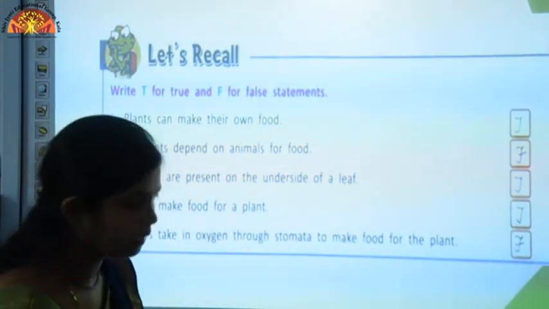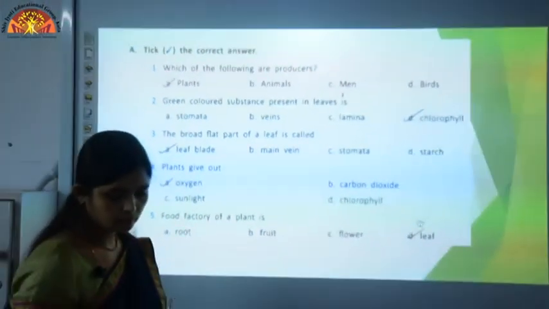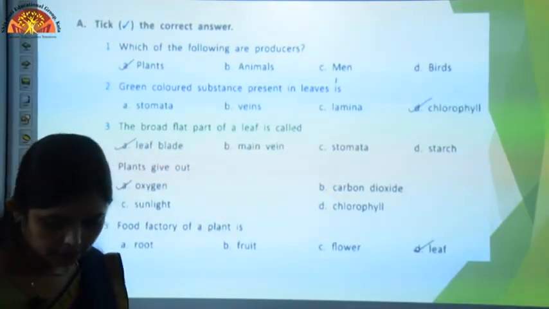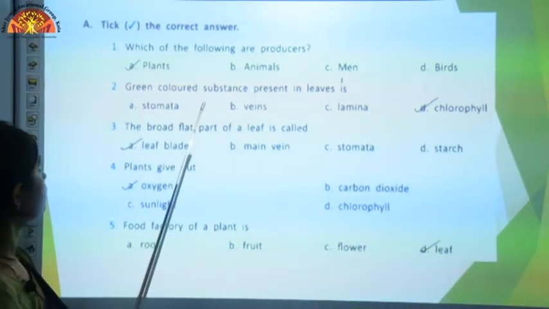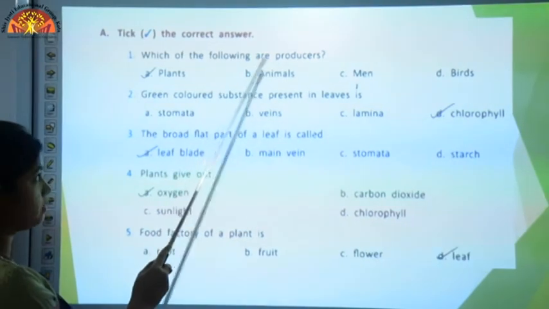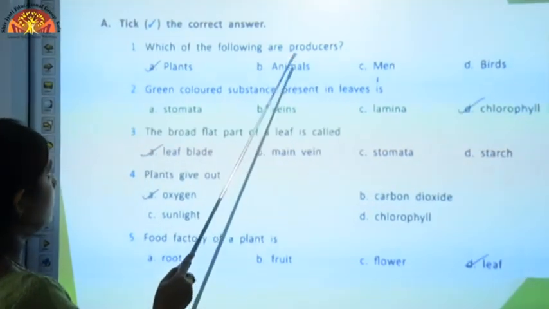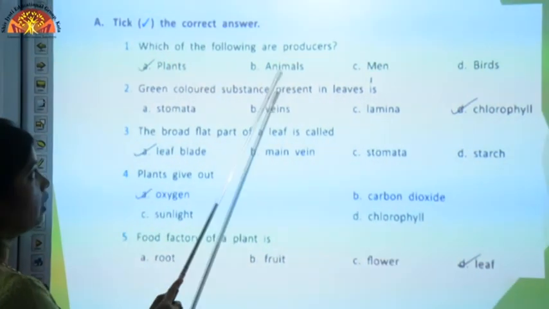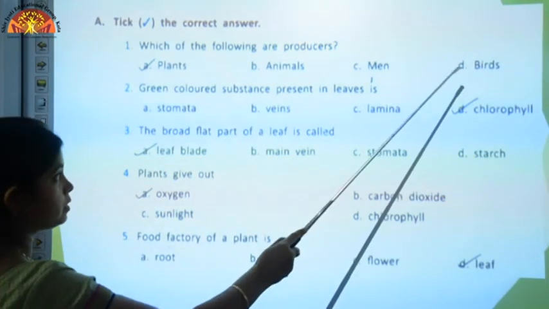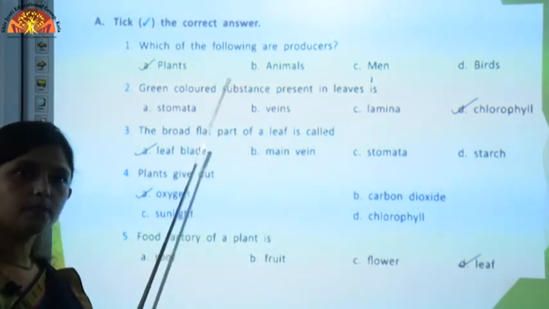Now, we come to the next exercise. It's given on page number 53, exercise number A. Tick the correct answers. Which of the following are producers? Plants, animals, men, birds. So, here the correct answer is plants.